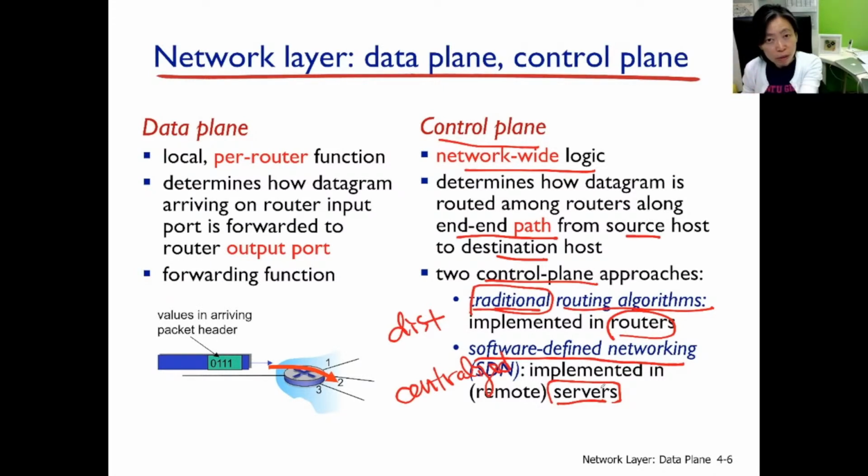And after the computation is done, they install the routes back into the routers. So the tables are computed on the routers locally in the traditional way. But more recently, the modern way is to have some powerful machines computing all the routes and then installing them back to the local routers. And local routers no longer do the complex route computation.